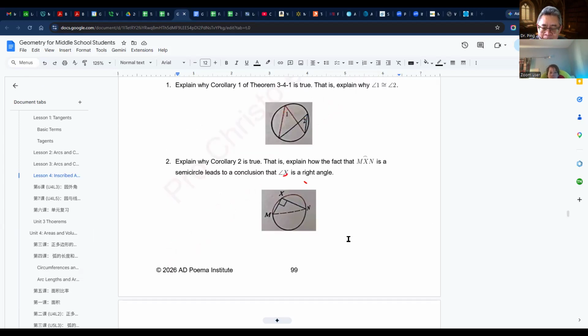Number 2, explain why corollary 2 is true. That is, explain why the fact that the arc MXN is a semicircle leads to the conclusion that angle X is a right angle. So we talked about that a little bit earlier.